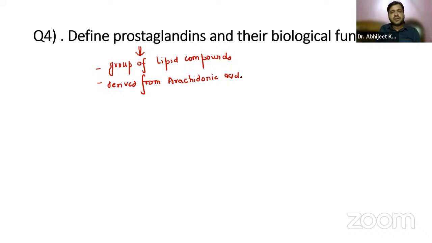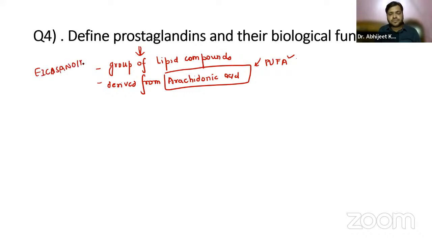You already know this arachidonic acid is a polyunsaturated fatty acid. They are classified as eicosanoids, as we have already discussed, and play crucial roles in various biological processes.